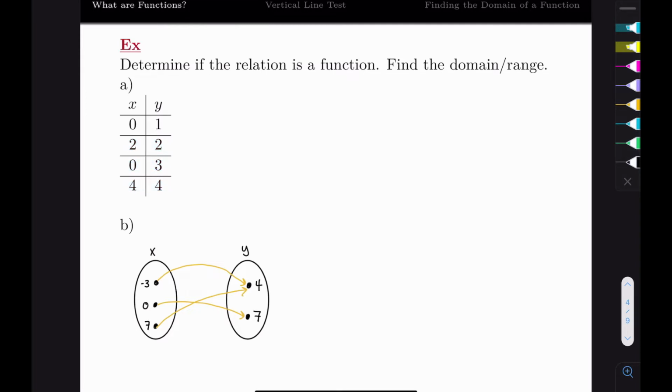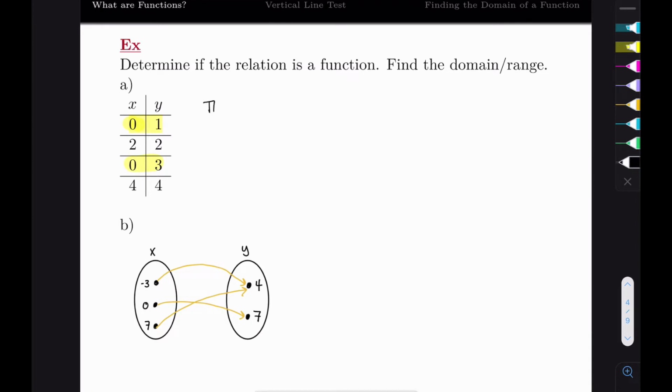Now looking at this, you can go ahead and graph those, you can plot them, but we want to make sure that the input only has one output. So I have no problem here with my input being 2, I have a single output. Same thing with 4, that being my input has a single output. But when I look at 0, it has a corresponding y value of 1, and then it also has a corresponding y value of 3.